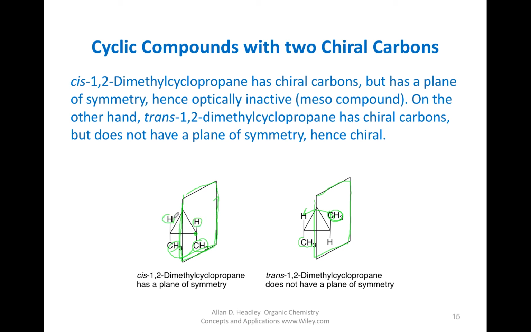So therefore that is a meso compound. Why a meso compound? Because it has stereogenic carbons here and here, but it has a plane of symmetry. This compound over here is not a meso compound because it does not contain a plane of symmetry.